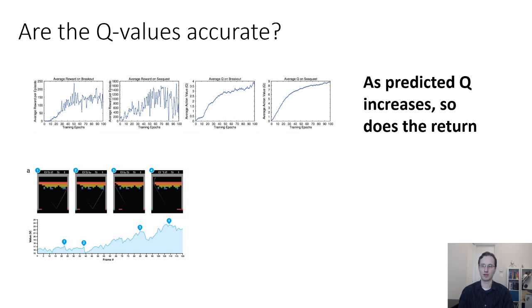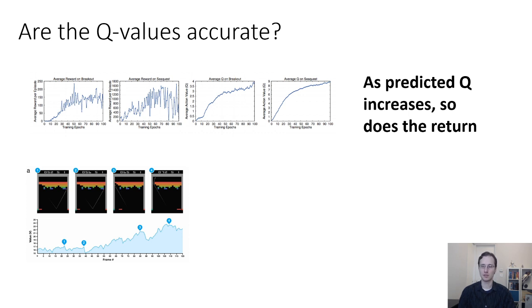Then the ball can bounce all the way up, bounce off the ceiling and ricochet off the top blocks, and that'll get you lots of points because it's just bouncing back and forth there, breaking all the blocks from the top. So it's quite a cool strategy if you can break through to the top like that. The graph at the bottom shows the value function value, which is essentially the Q value for the best action, at different points in time, with frames 1, 2, 3, and 4 labeled on the graph.